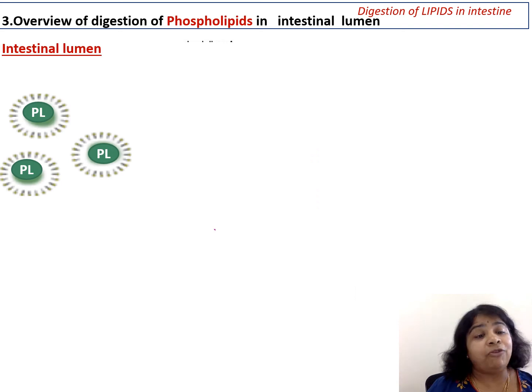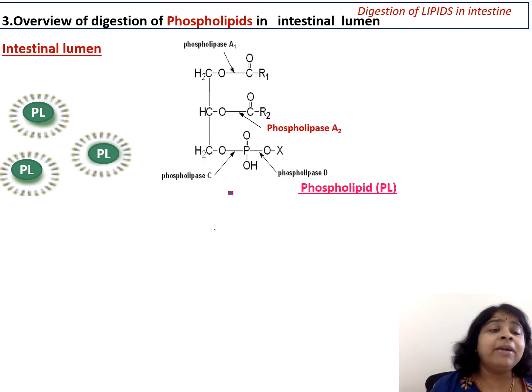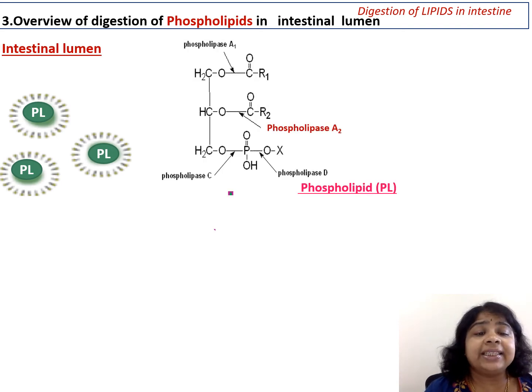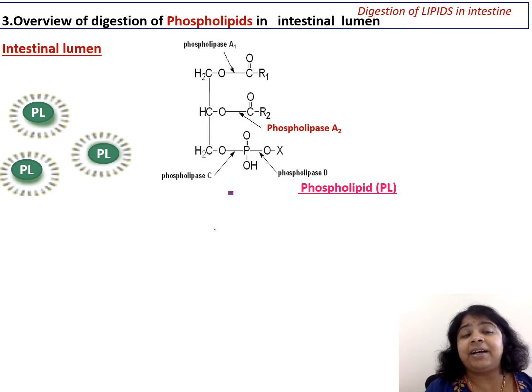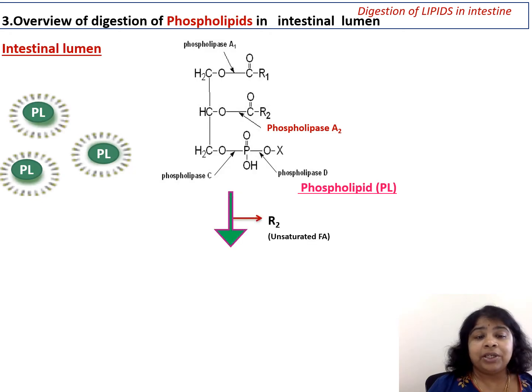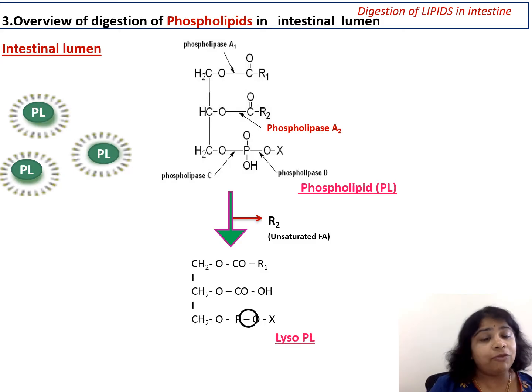Coming to phospholipids, there is an enzyme called phospholipase A2 which hydrolyzes and releases the fatty acid present at position 2. So a fatty acid is released and the phospholipid is converted to a lysophospholipid.